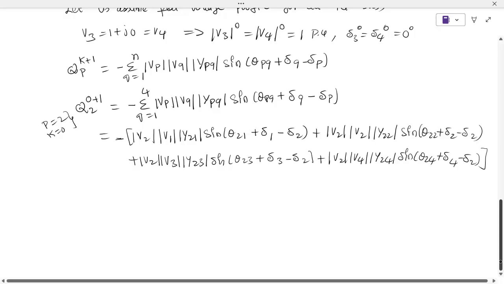Now as per the given data, we know that delta 1, delta 2, delta 3, delta 4 are all zeros. Now 0 minus 0 is 0, so no need to consider that term.